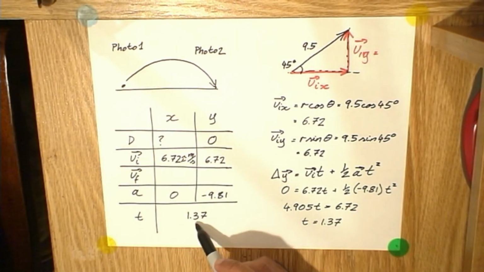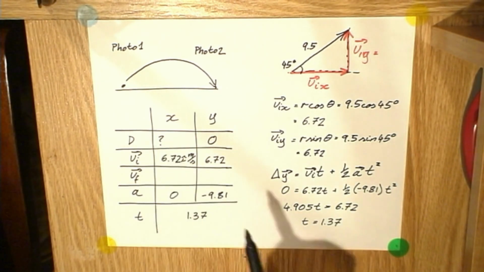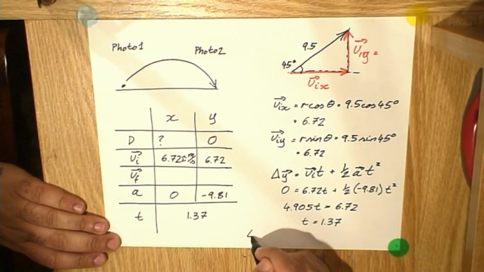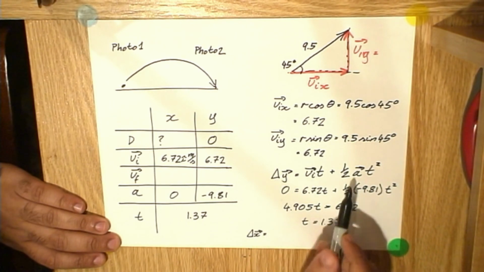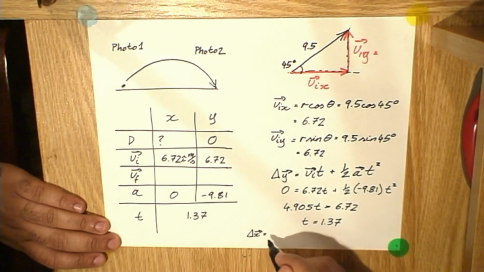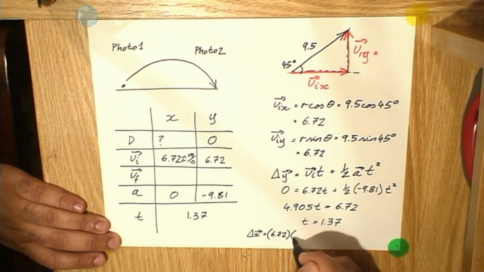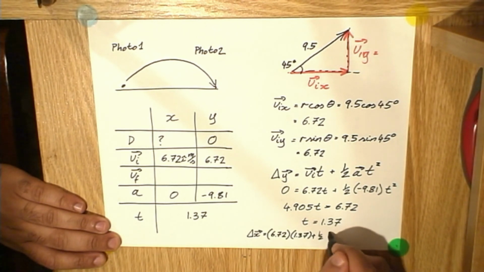Now it's very simple to figure out what the displacement is in x. Delta x is equal to, we can use the same equation. V initial was 6.72 times time, 1.37, plus half acceleration, 0, times time squared.